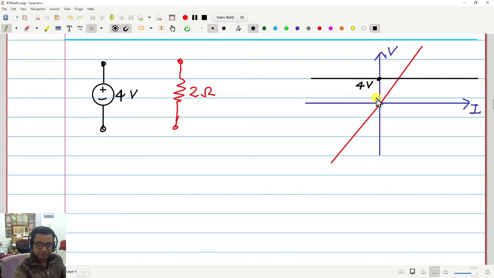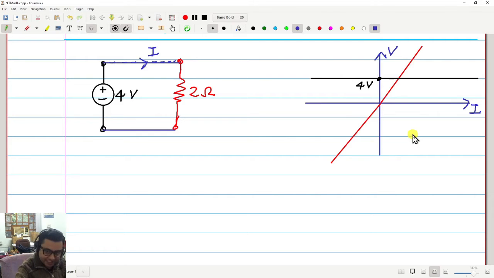Now can you tell me what will happen if I connect these two together in series? How much current will flow, without using Ohm's law? 2 ampere. It's true. But can you tell me how I can find that using these graphs?